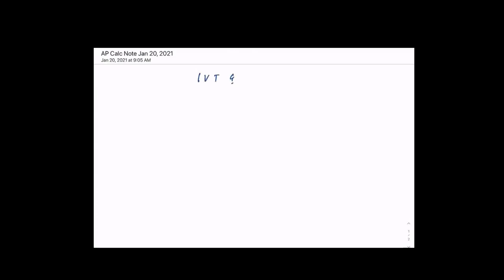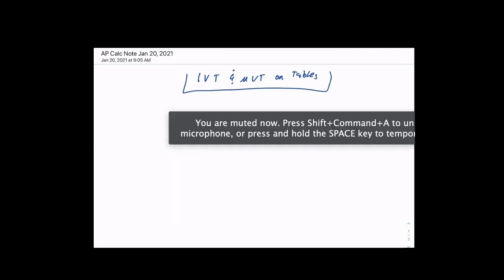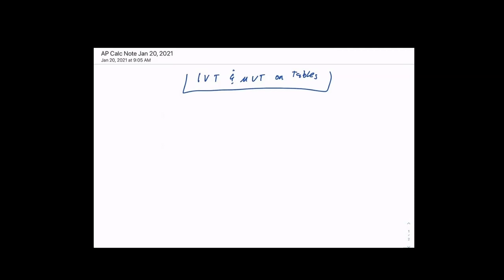IVT and MVT on table. So most importantly, I'm going to be going a lot deeper on IVT and MVT. There will be a question about EVT in your homework.